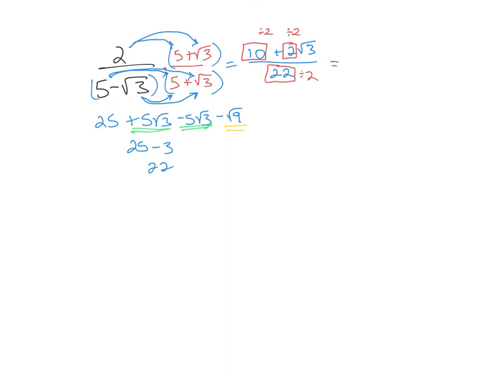So after I do that, 10 divided by 2 is 5. 2 divided by 2 is 1. I don't have to put the 1 in the front. If you did, that's fine, but you don't have to. 22 divided by 2 is 11. We finally get to the end where there's no square root in the denominator, and it is simplified.